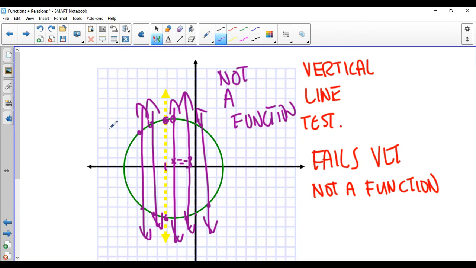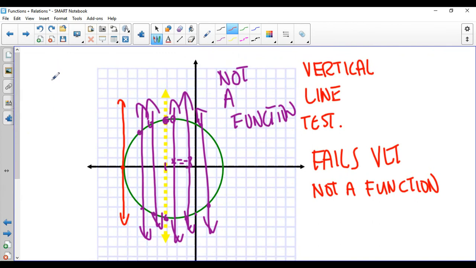And it only has to fail it once. Someone could say, hey, if I put a dot there and put a line, it only hits it once if you skim the side of the circle. That's true, but everywhere else it fails the vertical line test. So that's usually pretty easy for graphing.